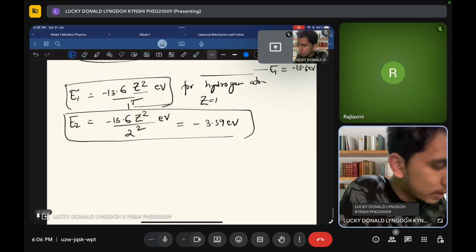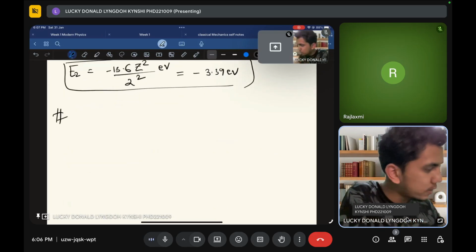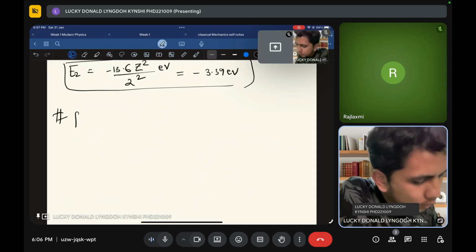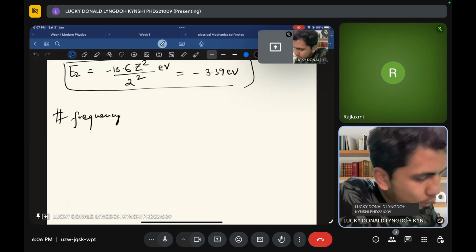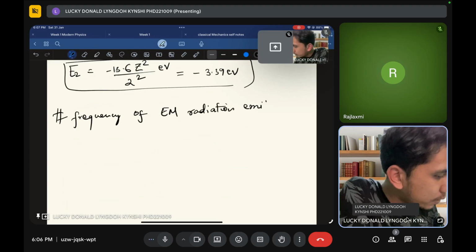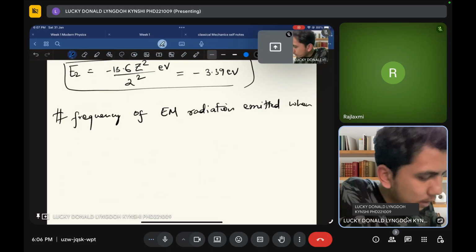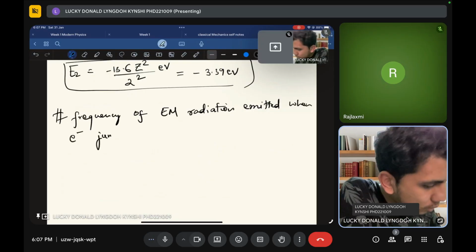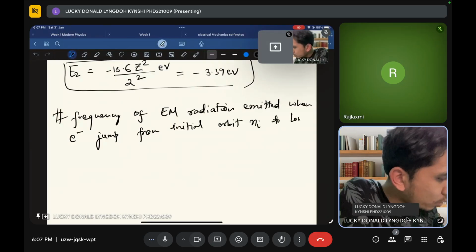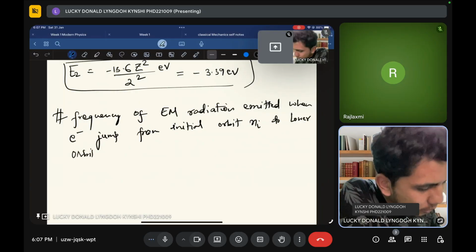Now let's move to the second, which says that suppose the frequency of electromagnetic radiation emitted when an electron jumps from initial orbit Ni to lower orbit Nf.